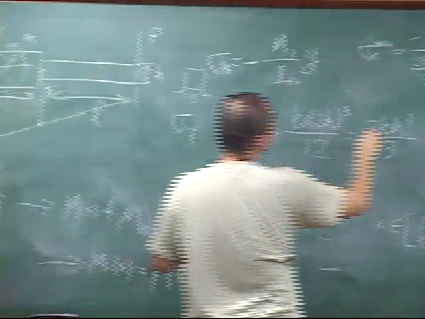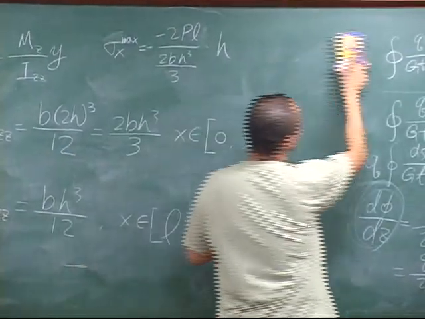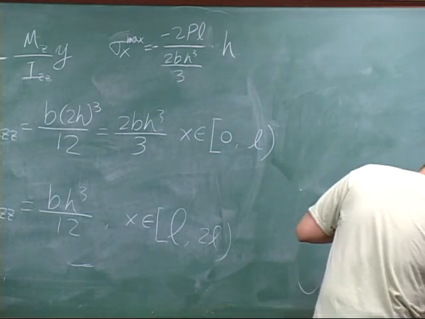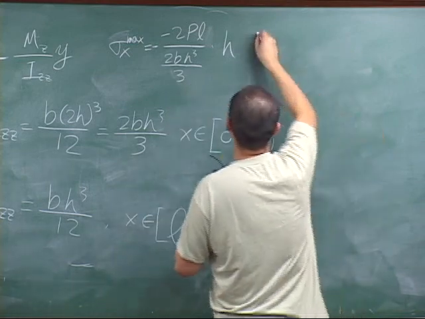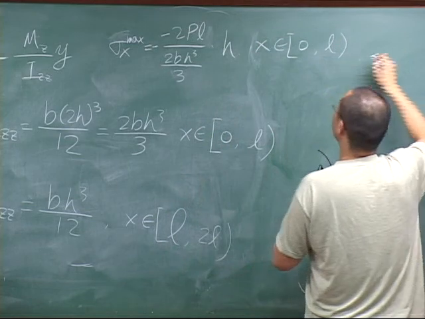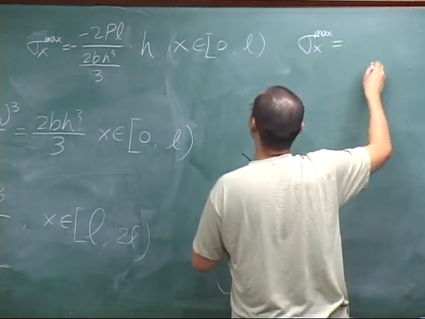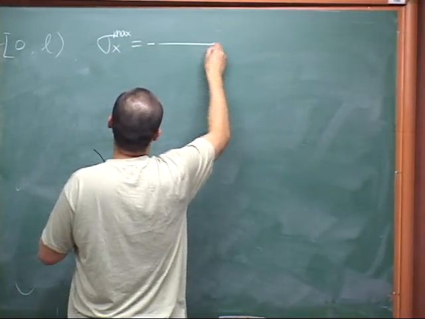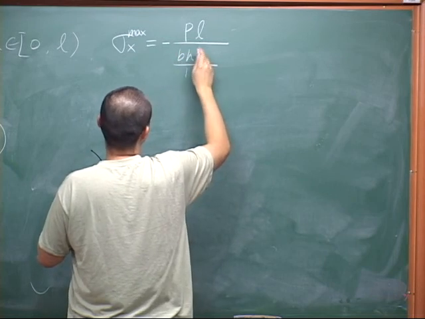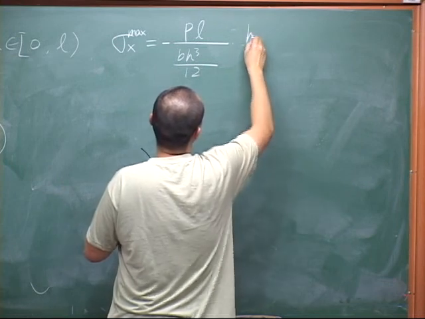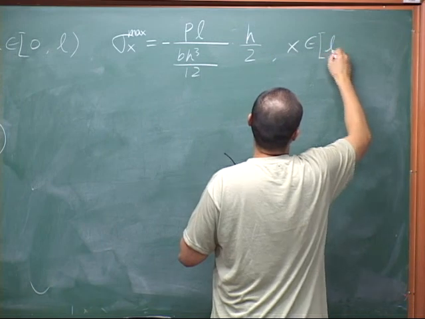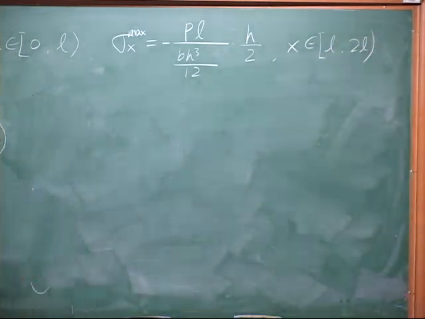For the later section, so what's this value?